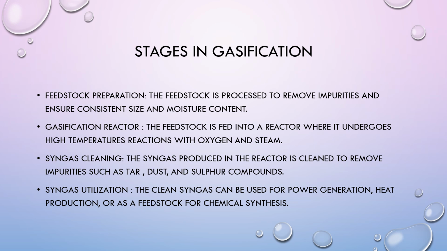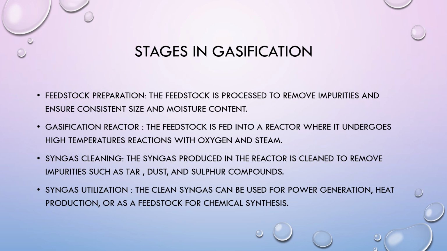So when the feedstock has undergone the reactions with oxygen and steam, gases are produced. Those gases are called synthesis gases, also known as syngas. Syngas includes hydrogen, methane, carbon monoxide, and carbon dioxide.